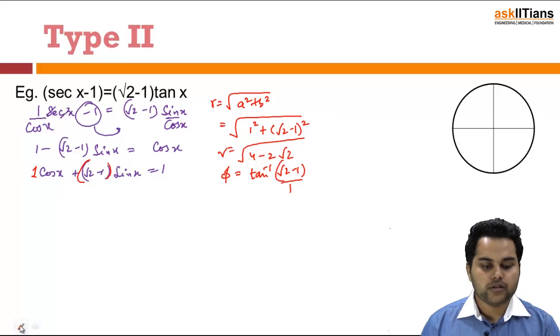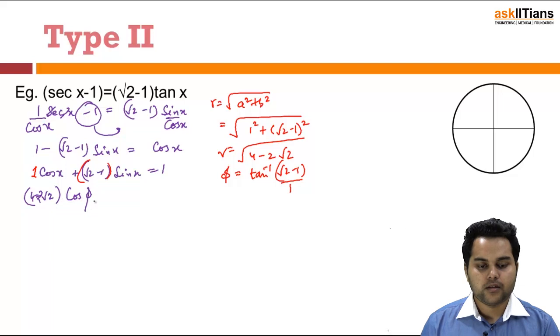So coming back to the question now, I have 1 being written as r cos phi, and root 2 minus 1 being written as r sin phi. The first one in multiplication with cos x and the second one in multiplication with sin x shall be equal to 1.